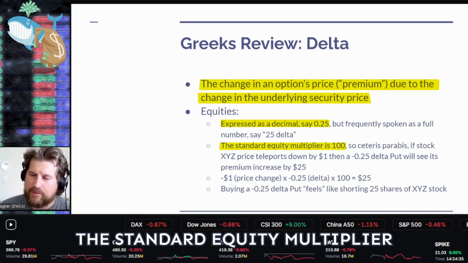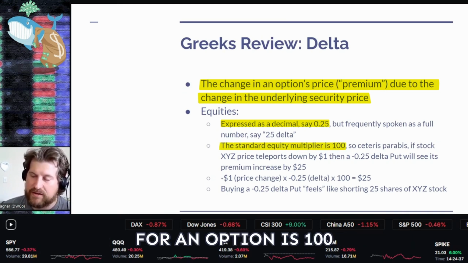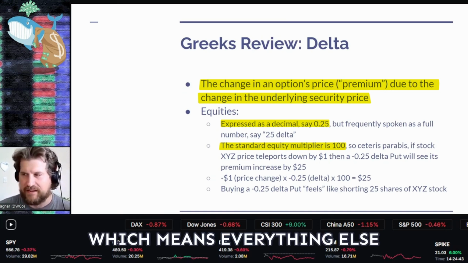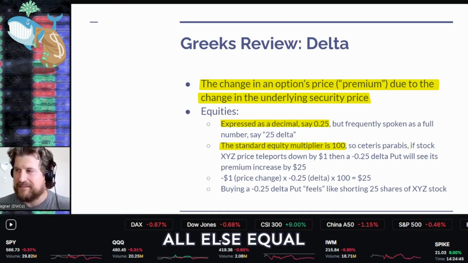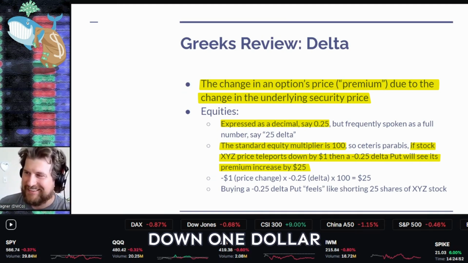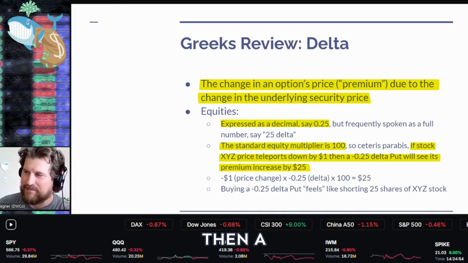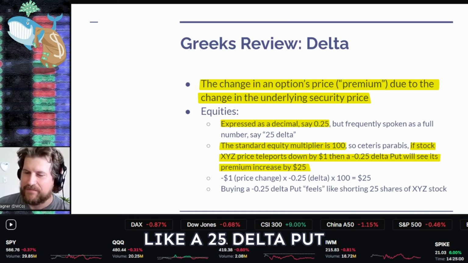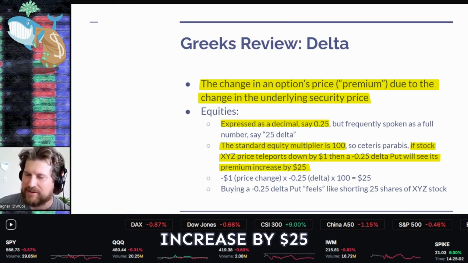The standard equity multiplier for an option is 100. So we say ceteris paribus, which means everything else equal. If the stock price teleports in 0 seconds down $1, then a minus 0.25 delta put, which I would call a 25 delta put, will see its premium increase by $25.